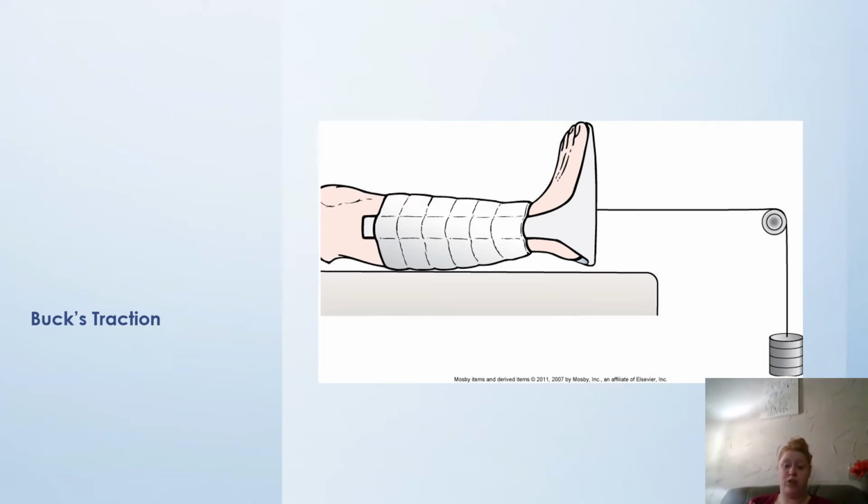So our first priority is going to be the medical resolution, like fixing their fluid and electrolytes, making sure they can survive the surgery before we take them to surgery. So that's where Buck's traction, or closed reduction, offers us a temporary solution that gives us time to help with the pain, but also resolve some medical issues that could be going on.